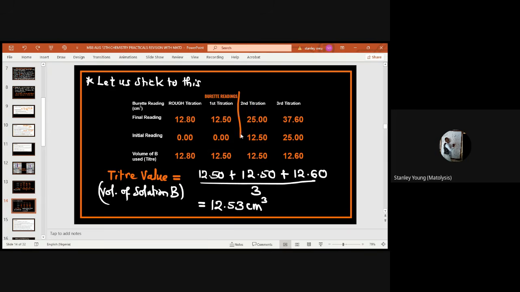You realize that in the second titration, I did not bother to refill. Where this one ended, the final here automatically became the initial here. Then we did the second titration and still got 12.50. And here also, we did the same thing, we got 12.60.